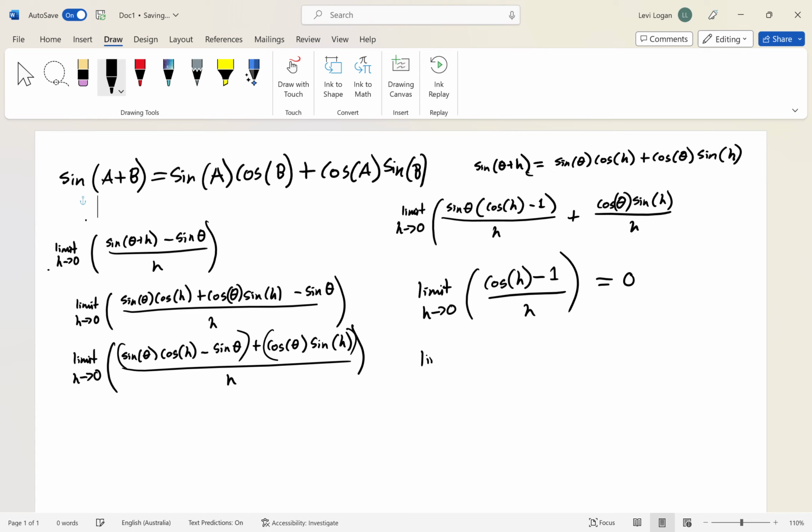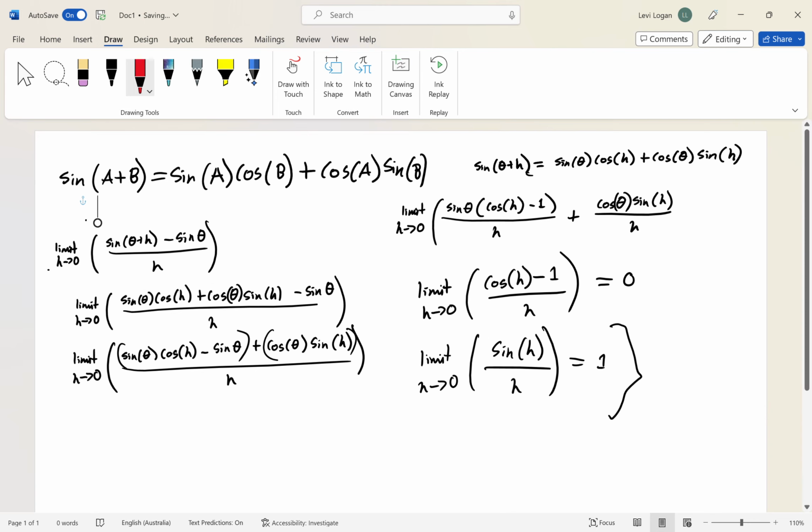And the limit as h goes to 0 of sine of h over h is equal to 1. I will be showing a proof for this limit in another video, but this video is strictly on the differential of sine x. Showing the proofs for both of these limits in this one video would make it really long. So I'm only going to say these are true, and I'll provide a proof in another video. So these limits are true.